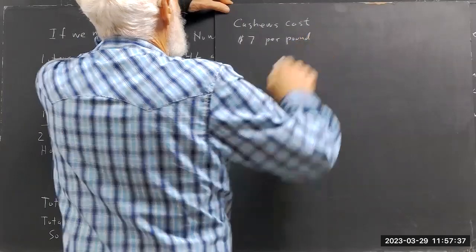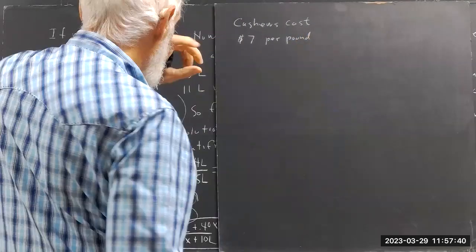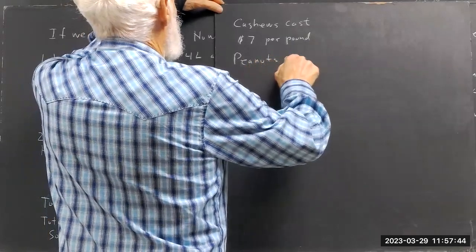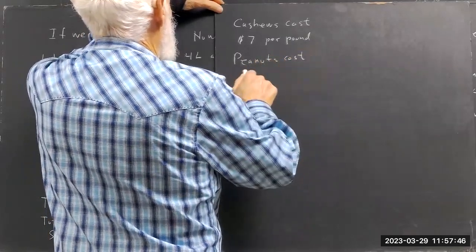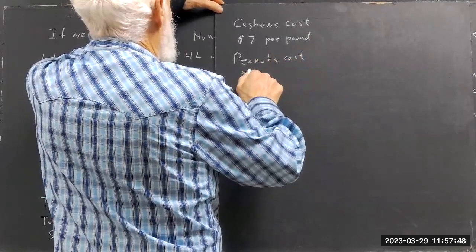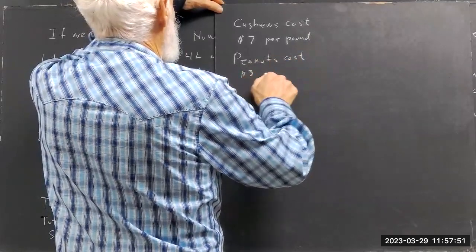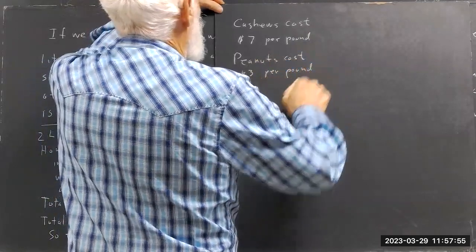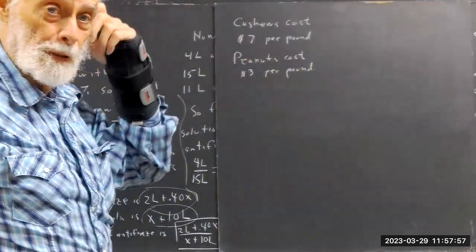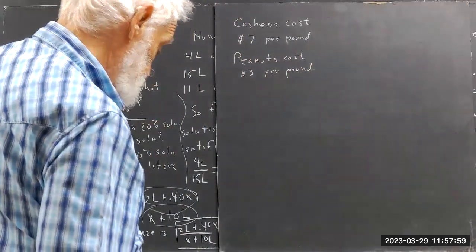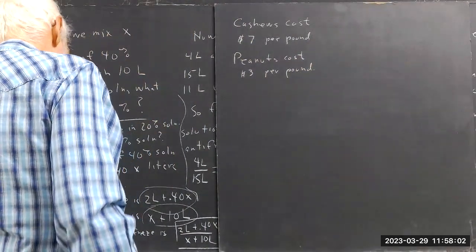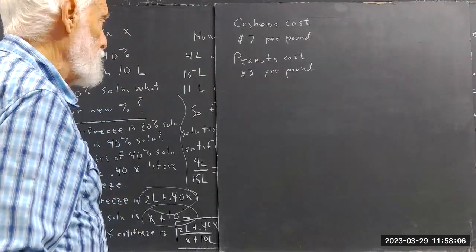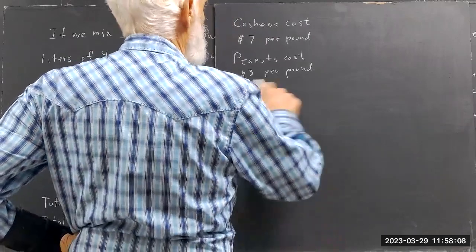The cashews cost $7 a pound. The peanuts cost $3 per pound. There are two ways to phrase this, but we're going to phrase it the easier way.